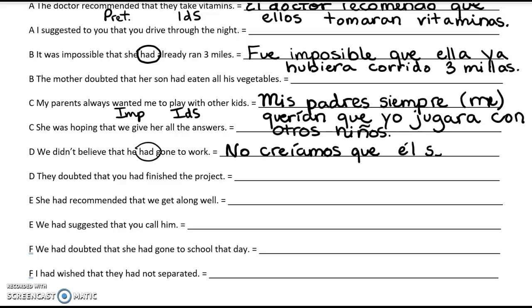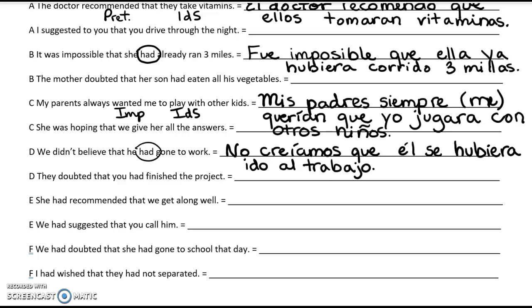We can put a se here to use irse for to go. Ido al trabajo. If you didn't put the se in there, no big deal. But you definitely need the hubiera ido. Okay? Hope I'm not going too fast.